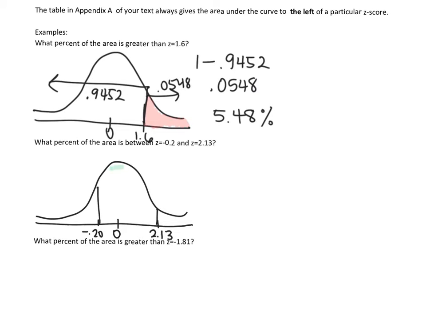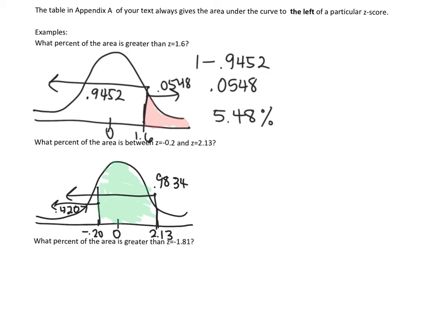So what we have to do is find the percent underneath each of these. For the percent that's below 2.13, we go to 2.1, and then go over to the decimal of 0.03, and we get 0.9834. Then we look for the area under the curve for negative 0.20, and it's 0.4207.